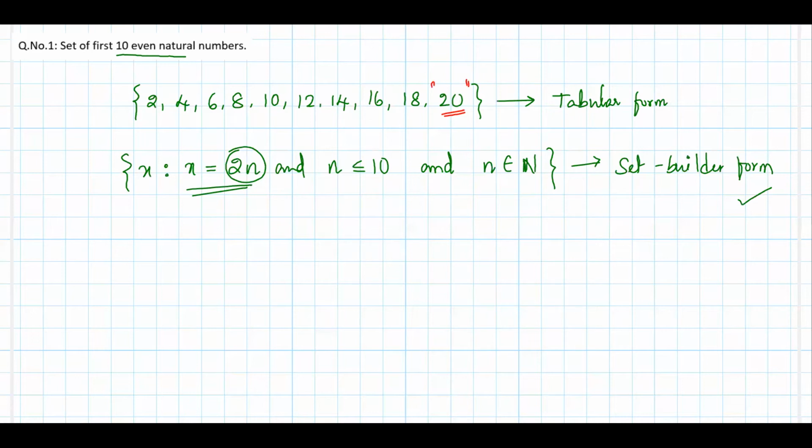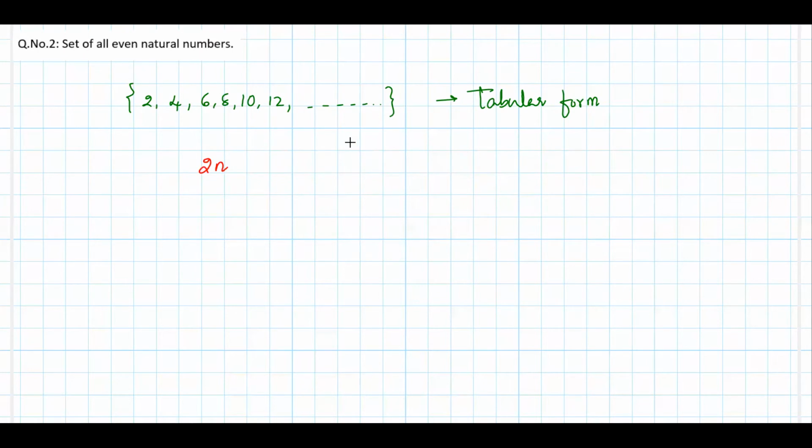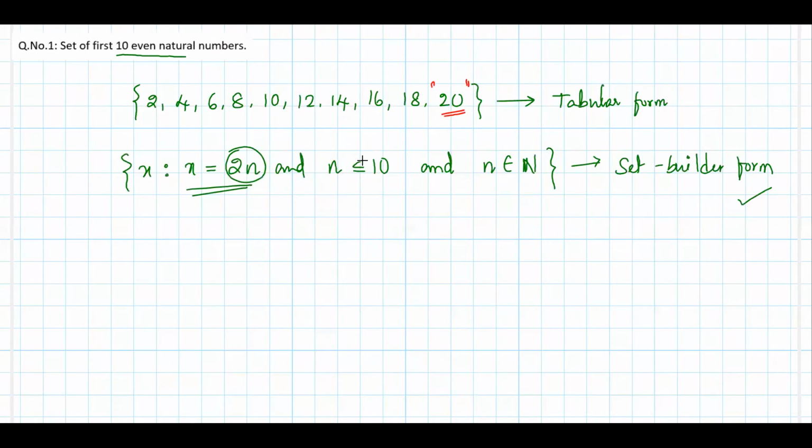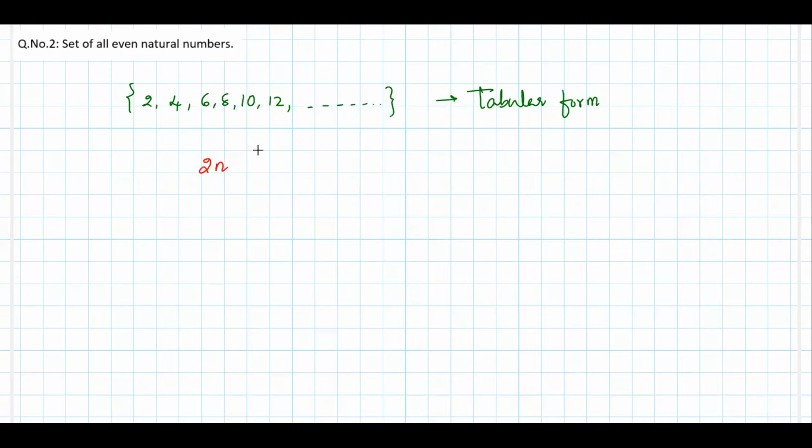In this case, there is no last one. It keeps going. So we don't need to present this information in the second question. We just have to keep n belongs to natural numbers, and the outputs are collected by x, and we're going to display this x. So x such that x is equal to 2n and n belongs to natural numbers. This is the set builder form.